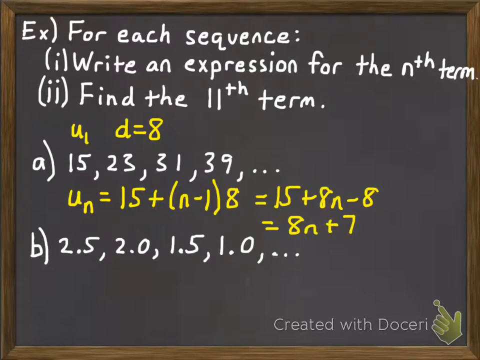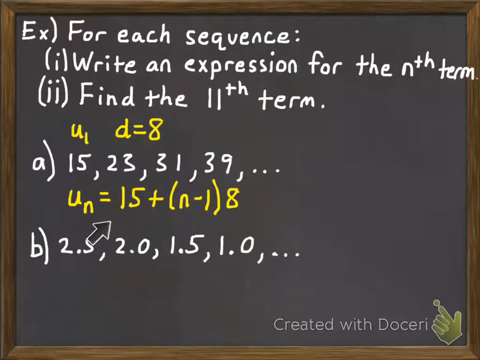The point I want to make is, first of all, you can simplify the expression, but second of all, whenever you write the general formula for the nth term of an arithmetic sequence, the formula is always going to be a linear expression. 8n plus 7 is a linear expression. Okay, now I said I was going to erase that, and I'm going to, because in most instances, just leaving it like this, the general formula is sufficient.